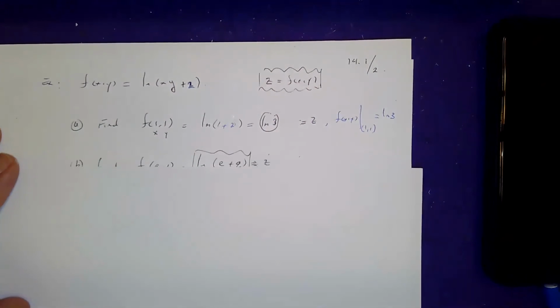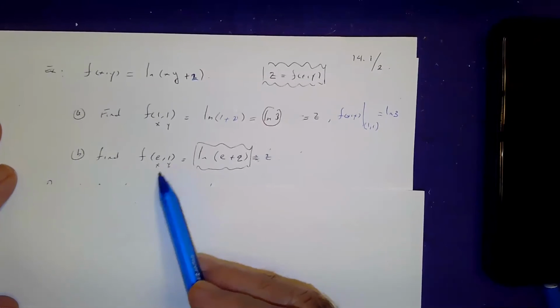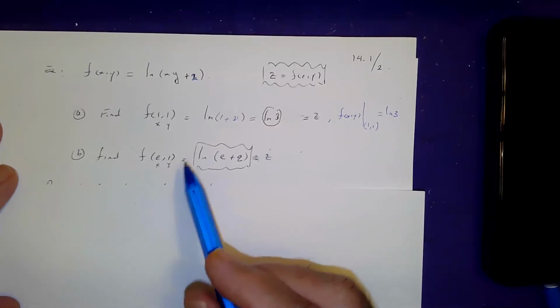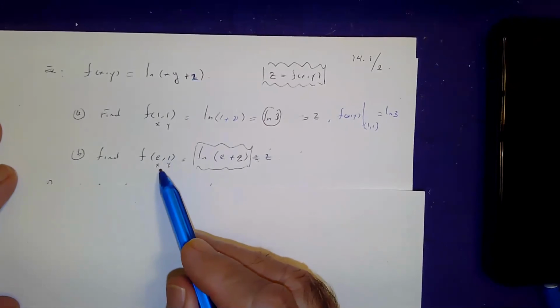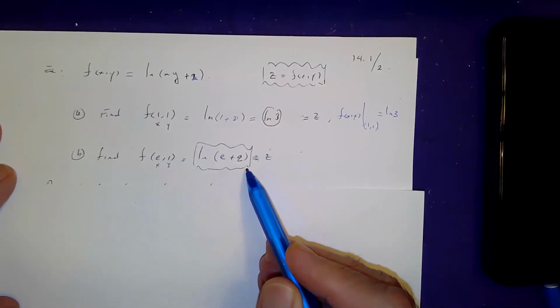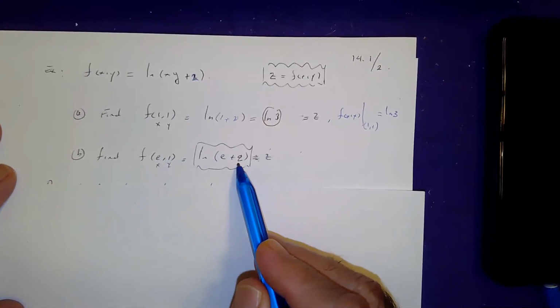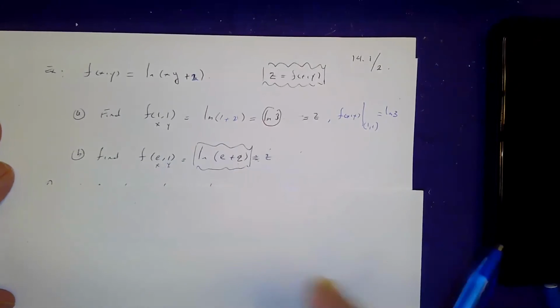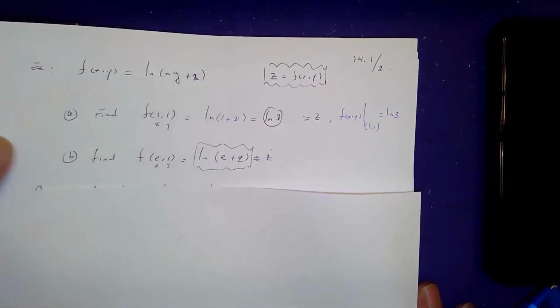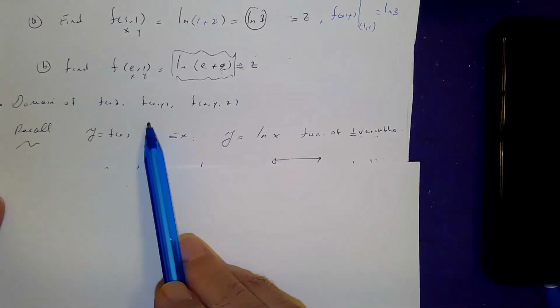So those are the notations we use. And then it goes f of e comma 1, that means replace the x with e, y with 1, and see what the answer is. So notice for every ordered pair, I'm coming up with a real number. So that's exactly the definition of function of two variables. So how do you find the domain?